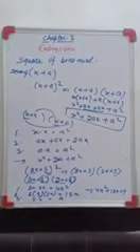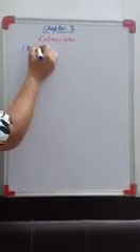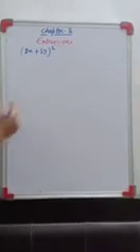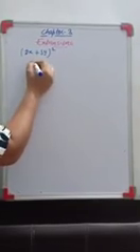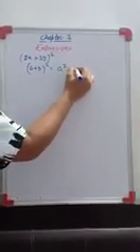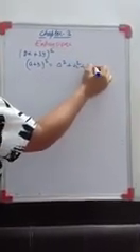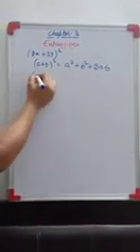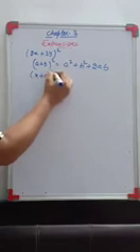I am giving another example also. For example, 2x plus 3y whole square, right? So what you will do? We know that a plus b whole square is equal to what? A square plus b square plus 2ab. Just you have done, right? Or either I have told you that x plus a square is what?